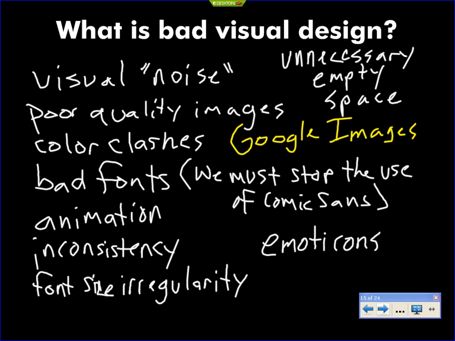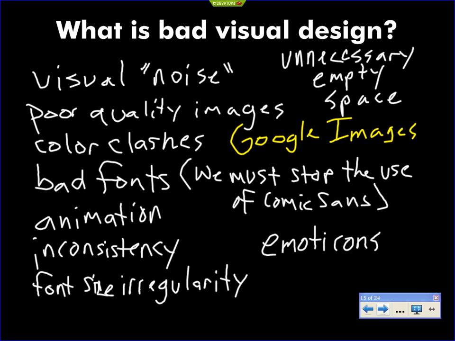So if you click on medium or large in size, it'll only pull up densely packed images that once you expand them still look really good. And it'll get rid of all the smalls. It'll be like a 150 by 150 pixel, and when you expand it, it should be a postage stamp. When you expand it, it pixelates. So use Google Images intelligently. There's one way to solve that problem.